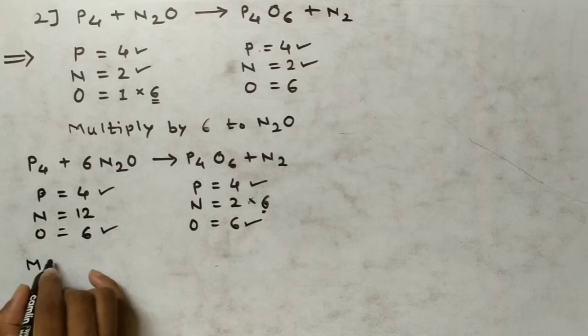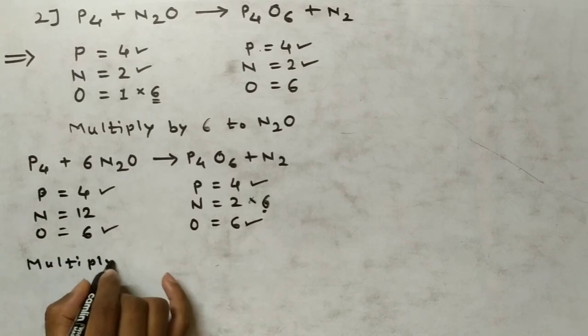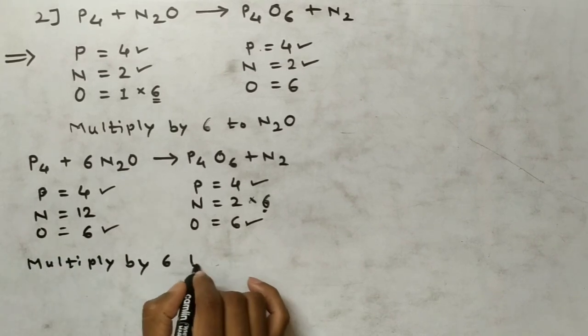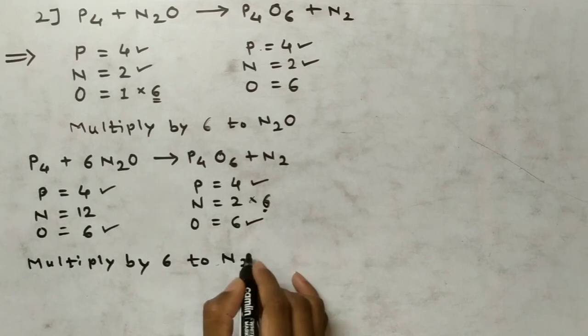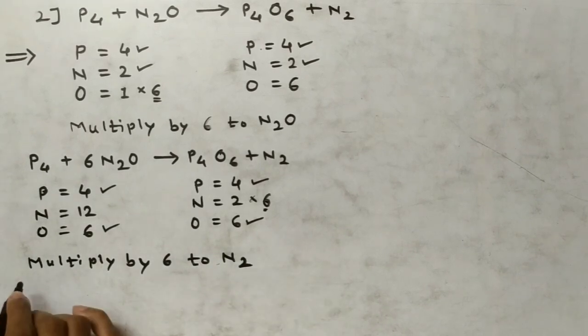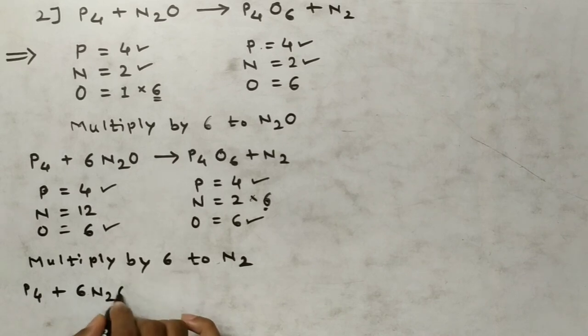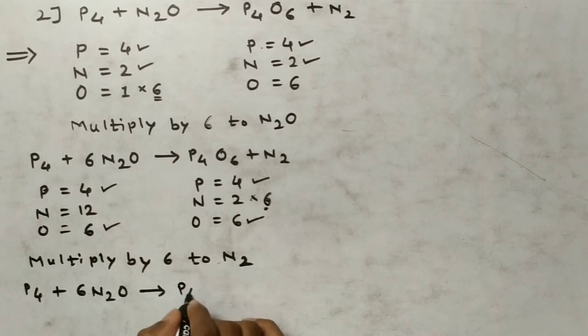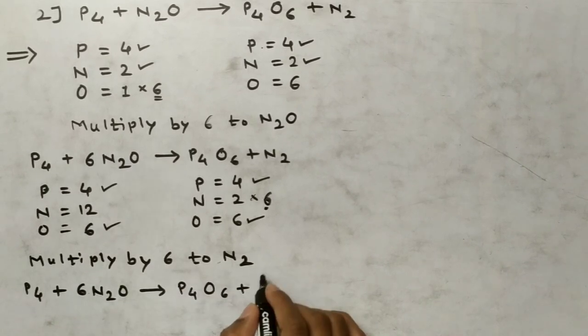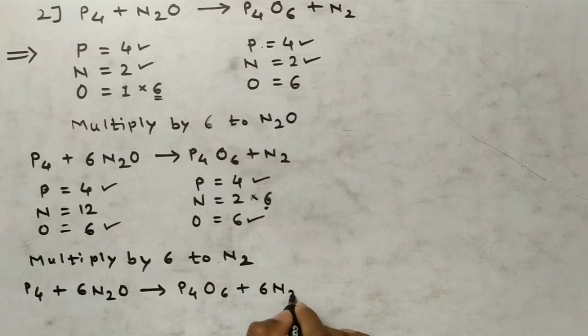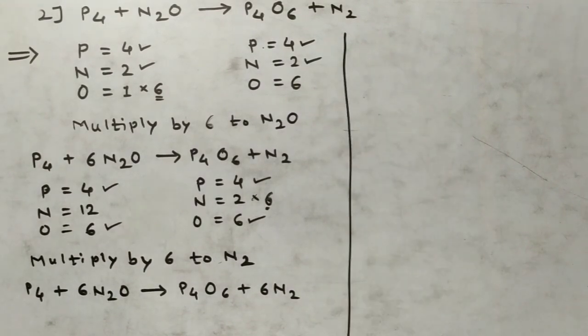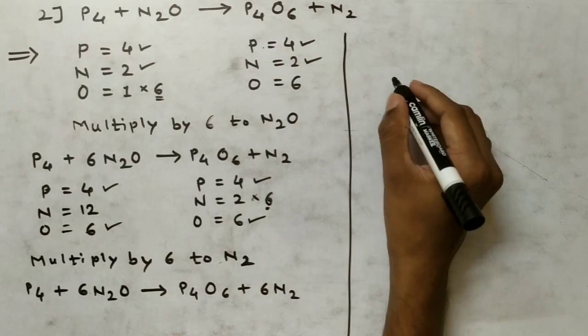So here again multiply N2 by 6. So what we will get? We will get P4 plus 6 N2O, that will give P4O6 plus 6 N2. Now let's determine the number of atoms on both the sides.